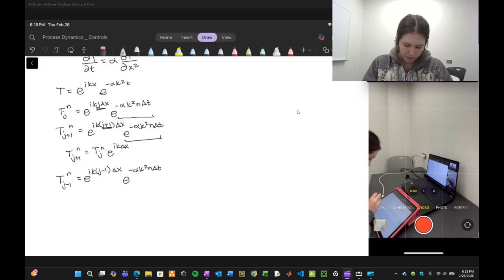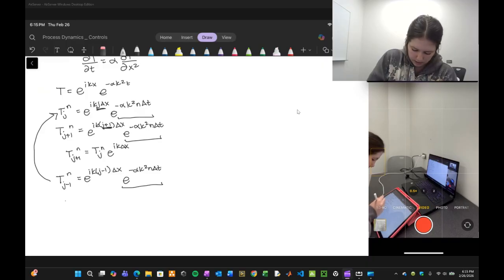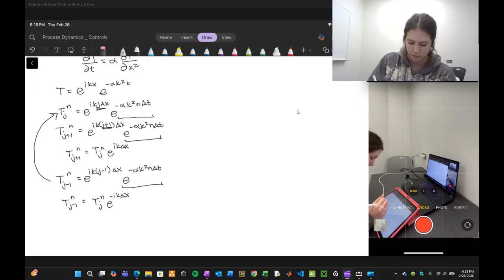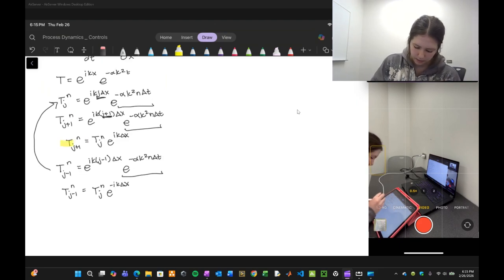And if we compare this to this term up here, these e terms will cancel out, and we will get T_j minus 1 equal to T_j sub n e to the minus i k delta x, because it's j minus 1. So we have this term here and this term here.